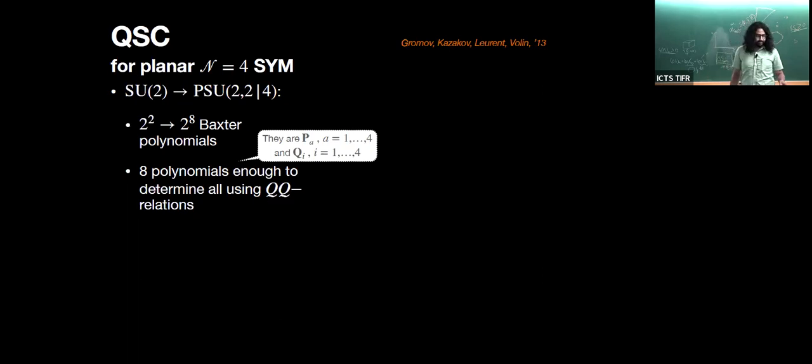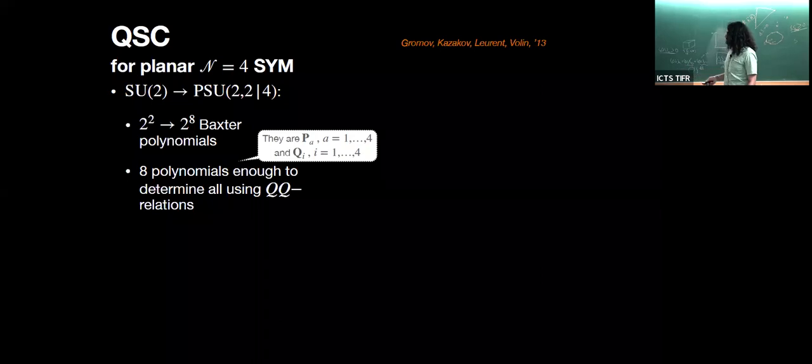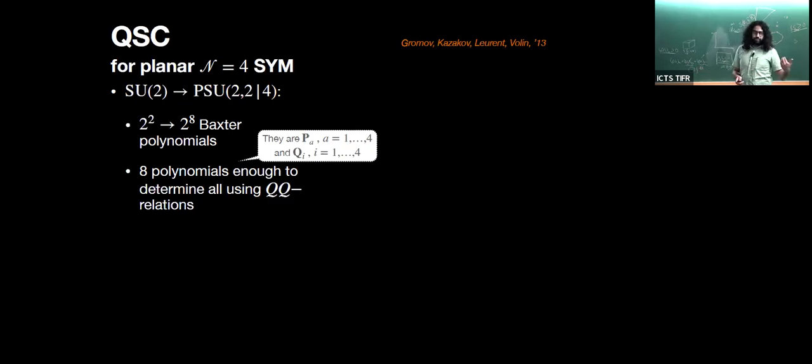Yeah, I smudged over that point, but from the QQ relation point of view, it's as good as SU(4|4). That's why we have this 8. And these 8 distinguished polynomials are called P1, P2, P3, P4, Q1, Q2, Q3, Q4.